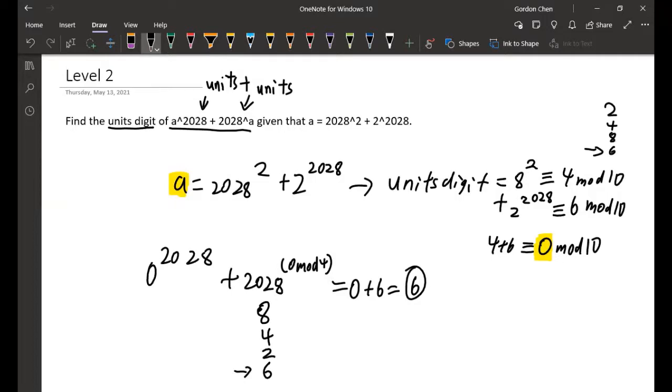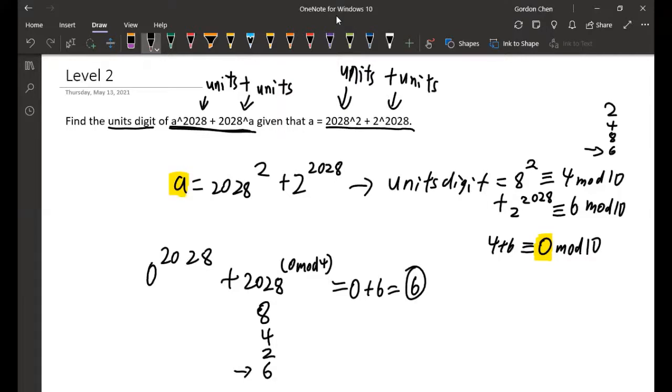So we want to find the unit digit of a, and this part is basically the same as this part, which means that we want to find the unit digit of this one, and the unit digit of this one, and we add them up.